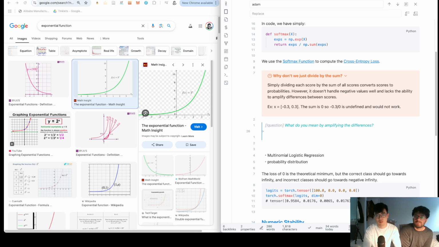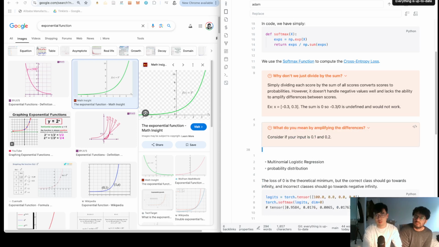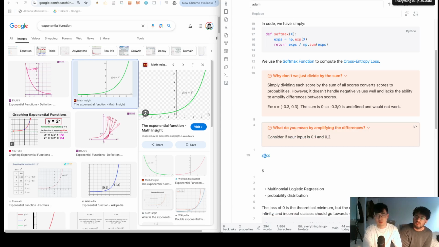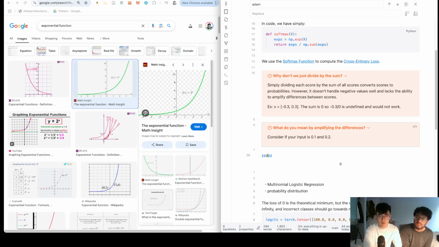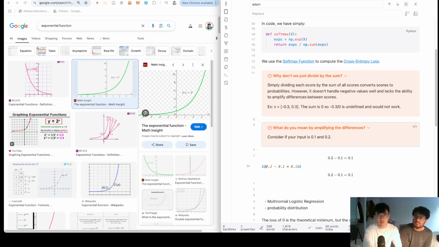Let's see. Consider 0.1 and 0.2, their difference: 0.2 minus 0.1 equals 0.1, and then e to the 0.2 minus e to the 0.1 is going to be bigger than 0.1?